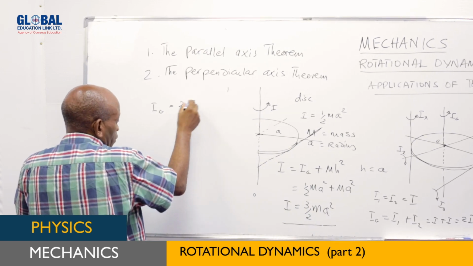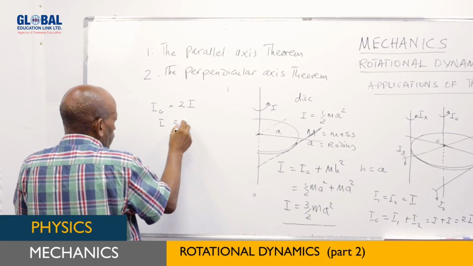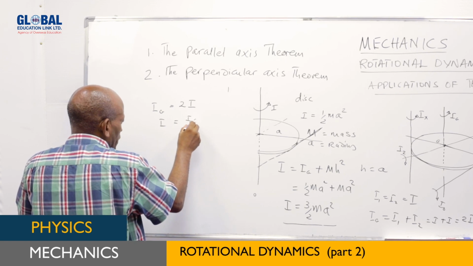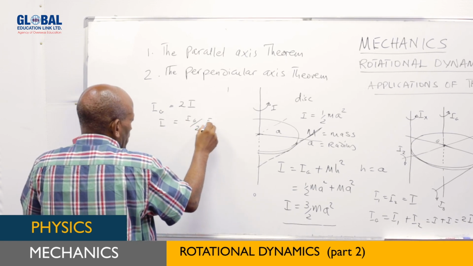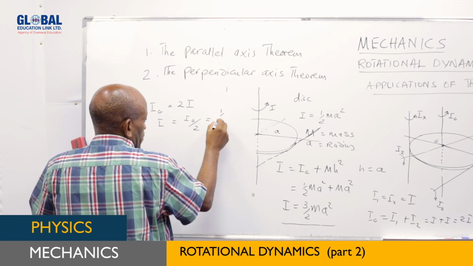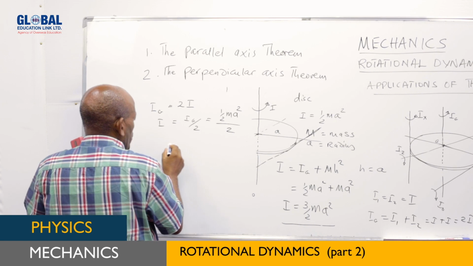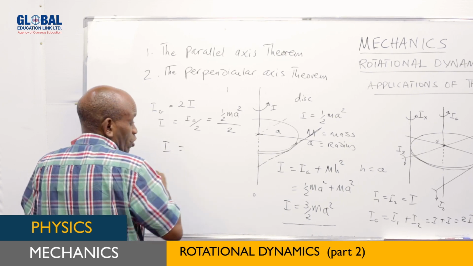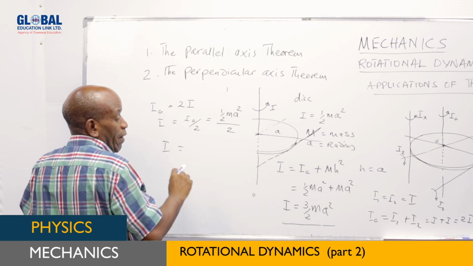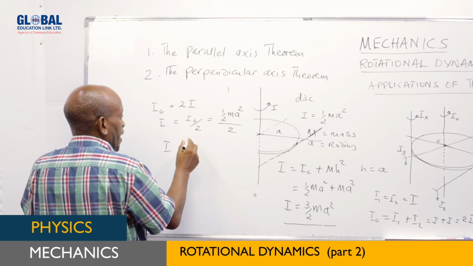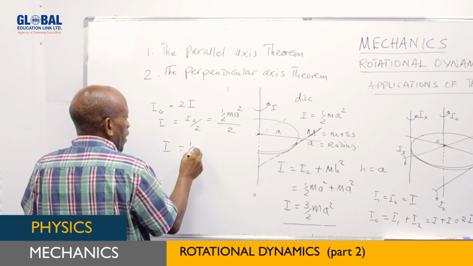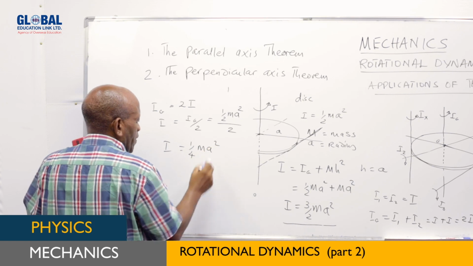My interest is to determine what I is. So I here will just be equal to the moment of inertia through the center of gravity divided by 2. But the moment of inertia through the center of gravity is a half times mass times radius squared, so I divide by 2. So I'm getting for an axis passing over the plane of a disk through its center, this will just be equal to a quarter of mass times radius squared.